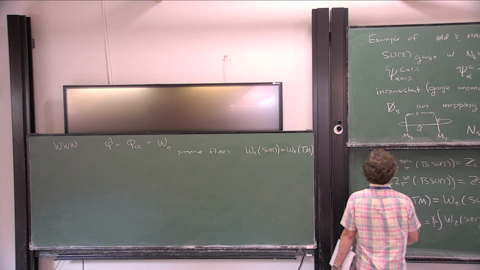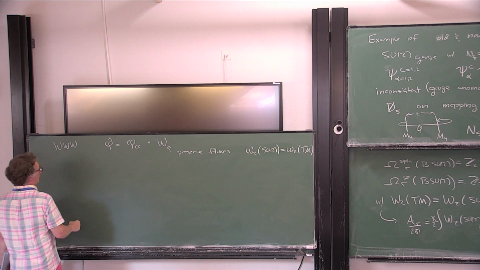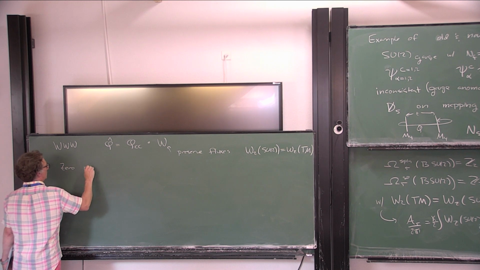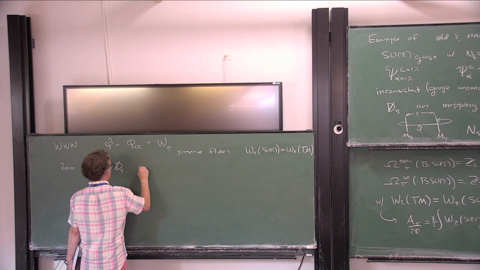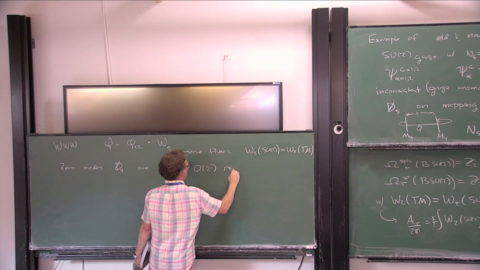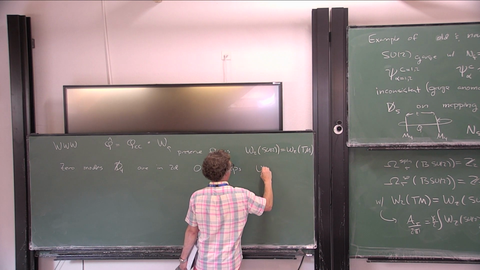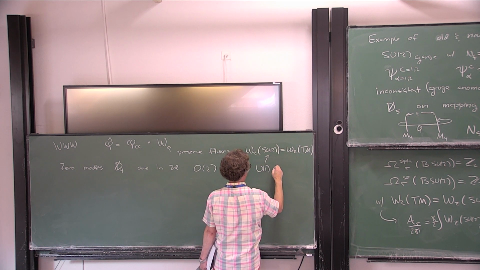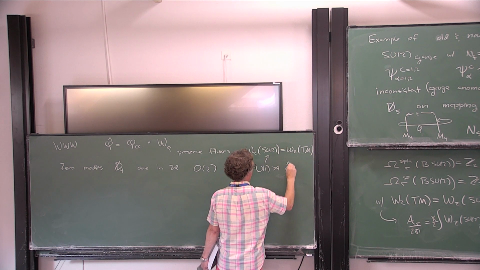And what you find when you do that, or what they showed, is that the zero modes of the four-dimensional Dirac operator are in two-dimensional O2 representations, where this O2 is related to like a U1 and SU2, and with some kind of like semi-direct with this phi hat action.